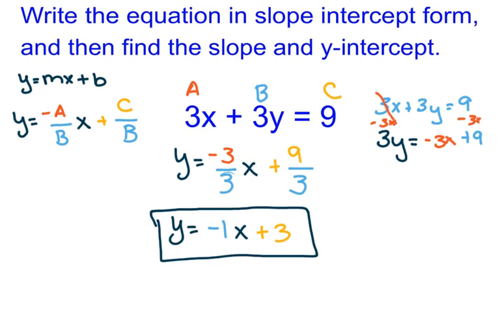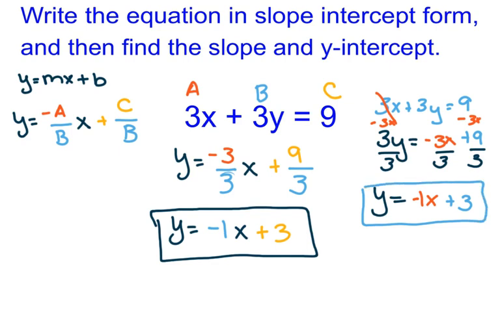And then I divide by this 3 here, and I've got to do it to everything. So I'm left with y equals negative x, or negative 1x, plus 3. And you'll see that that's the same answer. So either way would work.